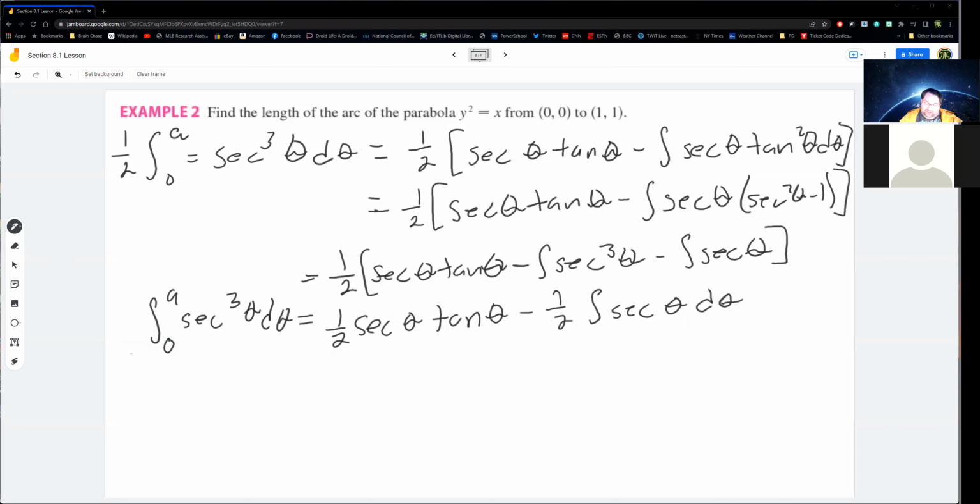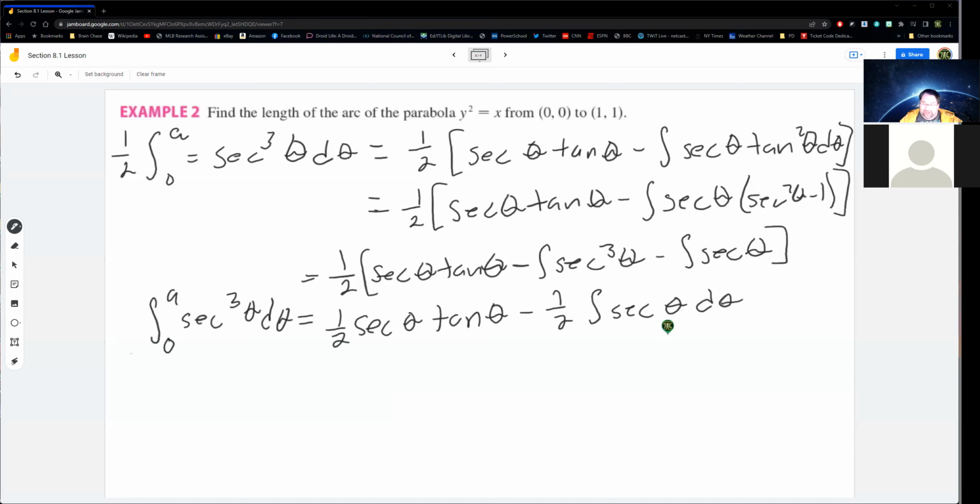Okay. When you're doing this, because the halves are on both sides, don't worry about the half until the very end. I distributed it, should be fine. Oh, I'm going to put it there. That's where I'm going to put it. Okay, never mind. All right, so we now have to do this one.